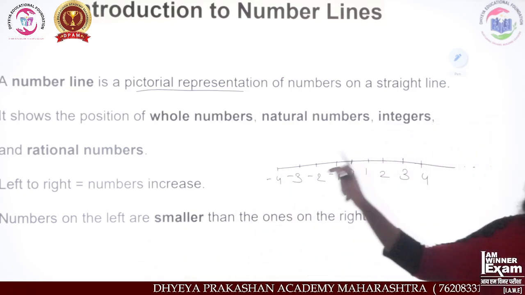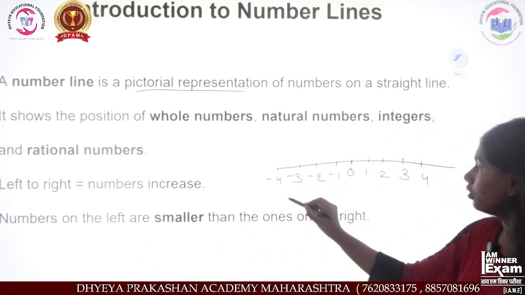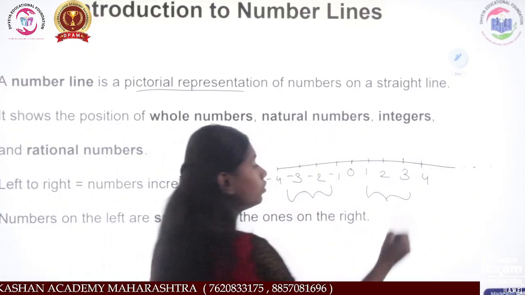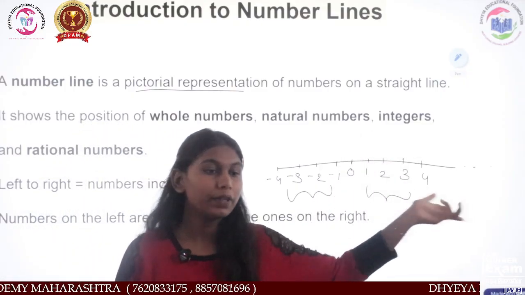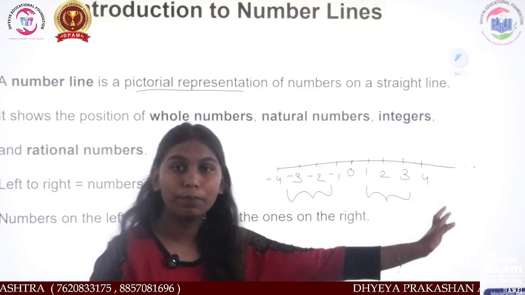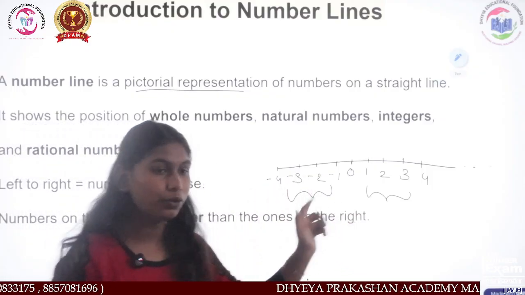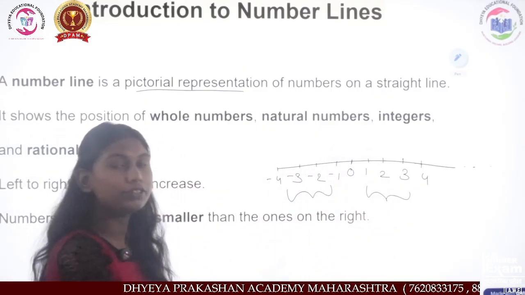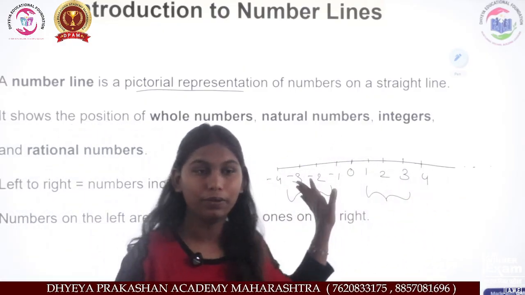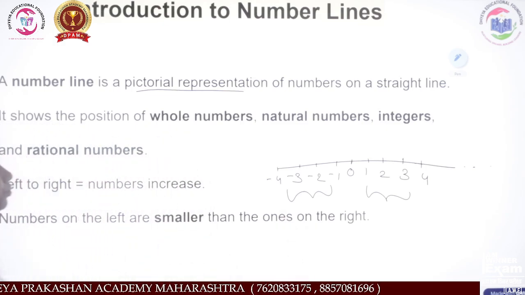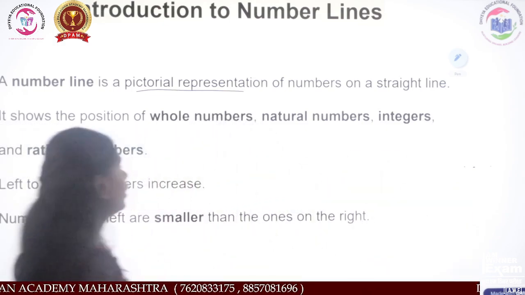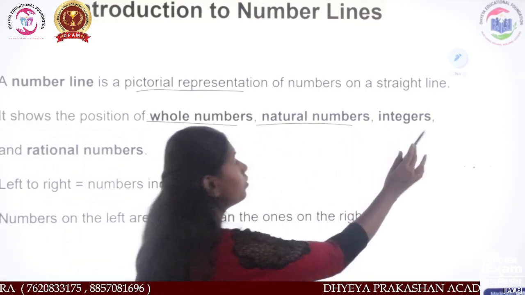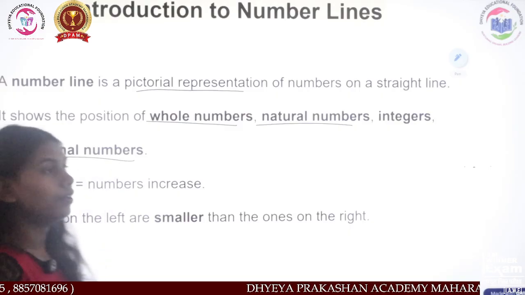This line shows the numbers, that is the negative numbers, which are on the left side of the number line, and on the right side there are the positive numbers. So this is a representation of the number line in pictorial format, a pictorial representation of numbers on a straight line. The next, it shows the position of whole numbers, natural numbers, integer numbers, and rational numbers.